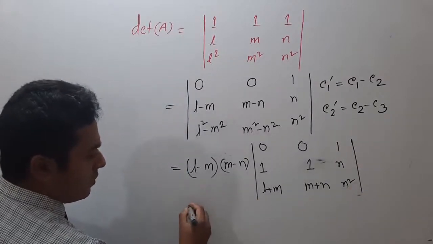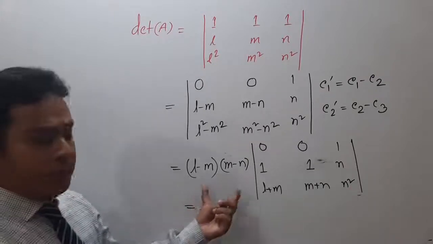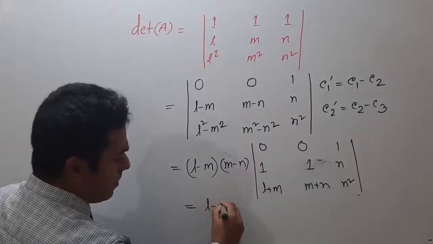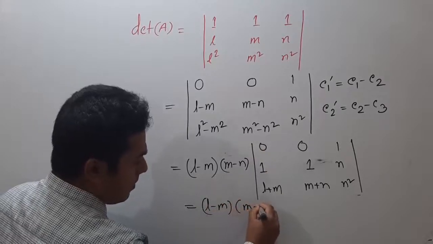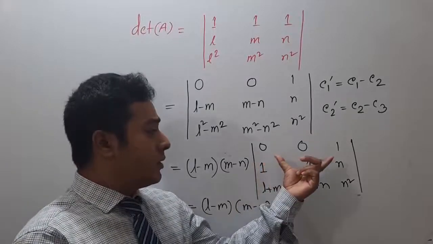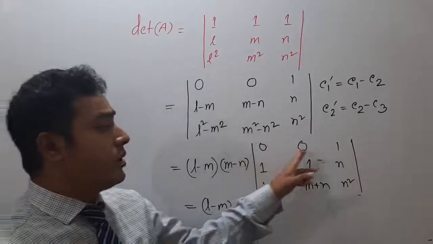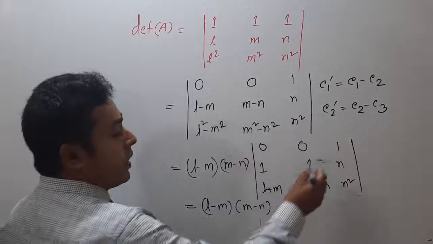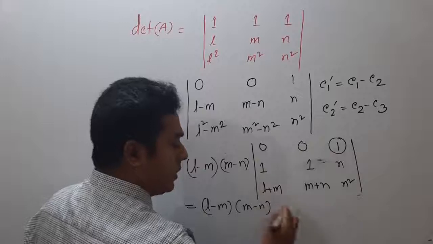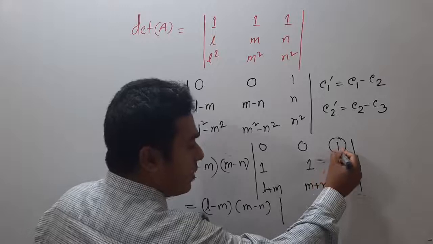Now in this expression, after expanding this determinant by the first row, the first two elements are 0 and the third element is 1, so the first two elements need not be mentioned.